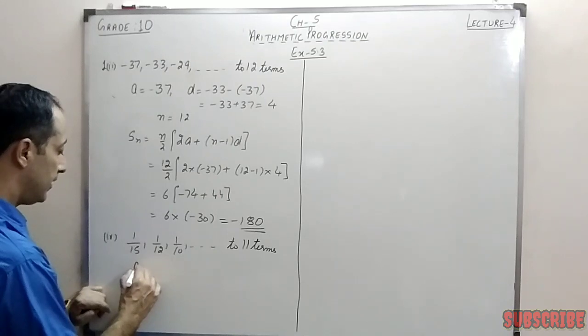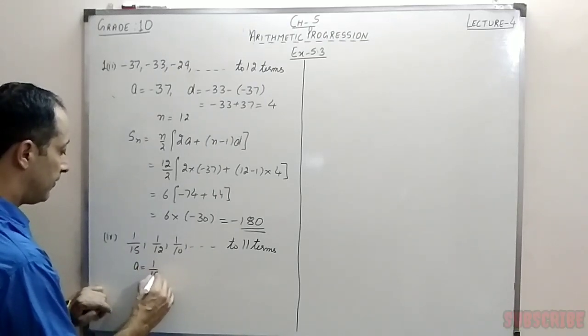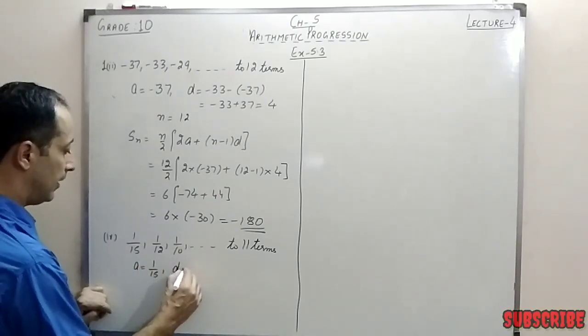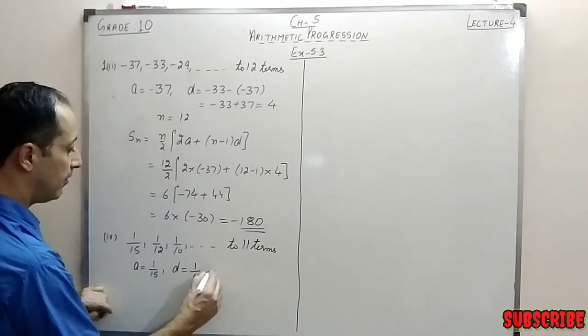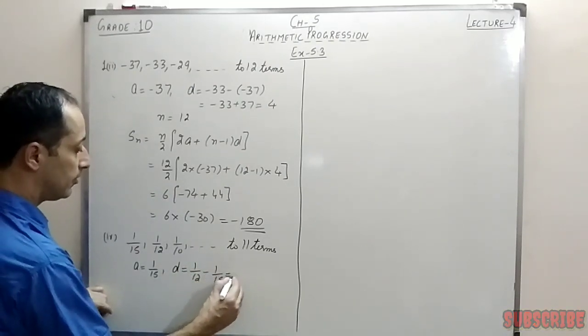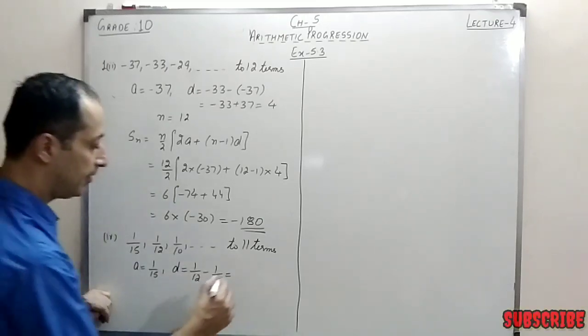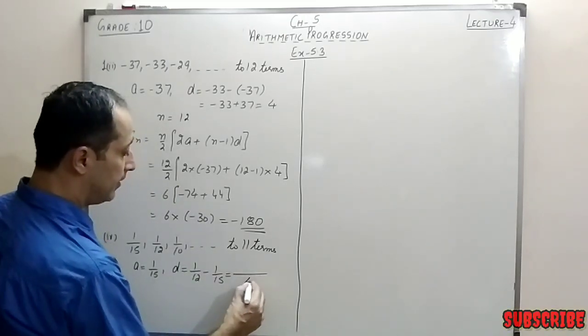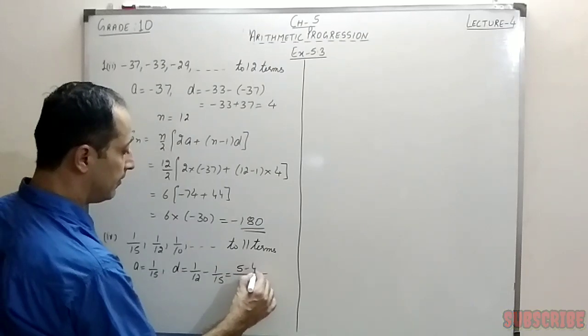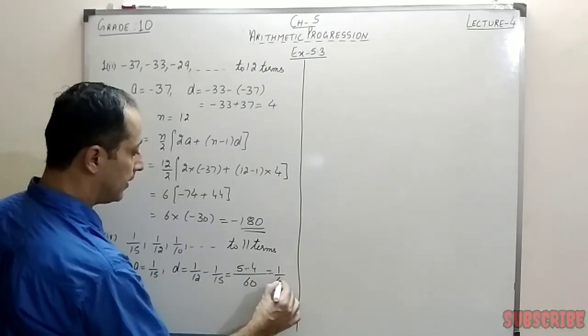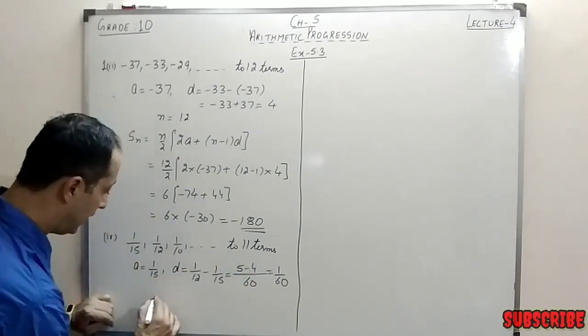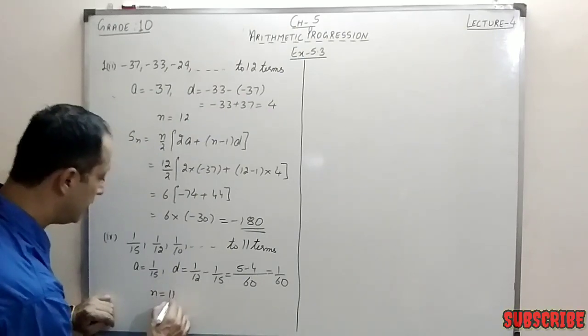So a here is 1 by 15, d is 1 by 12 minus 1 by 15. So I take the LCM because these are two fractions. So the LCM is 60 here. This is 5 minus 4. This is 1 by 60, and n is equal to 11.